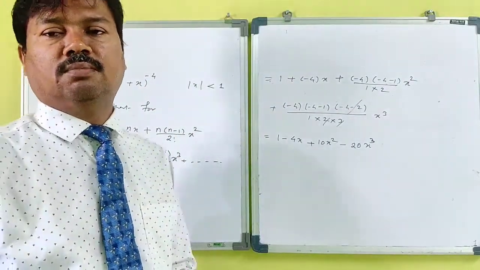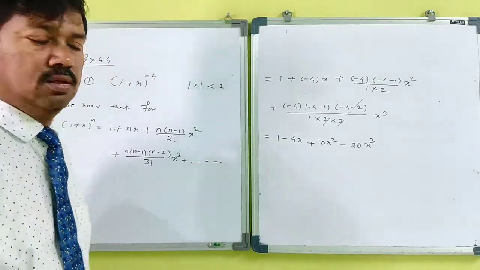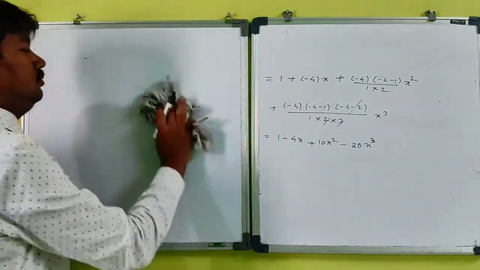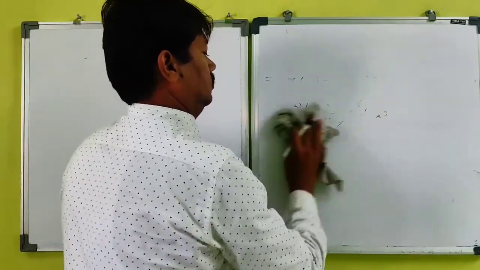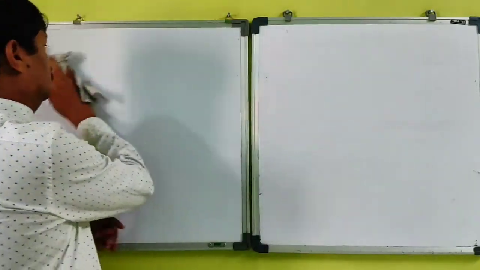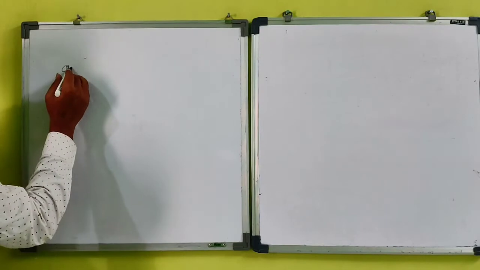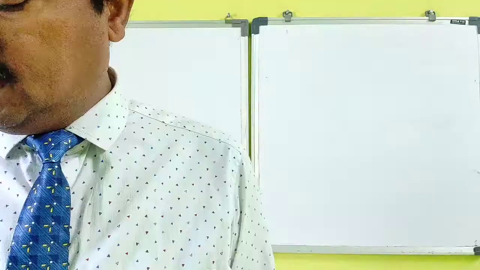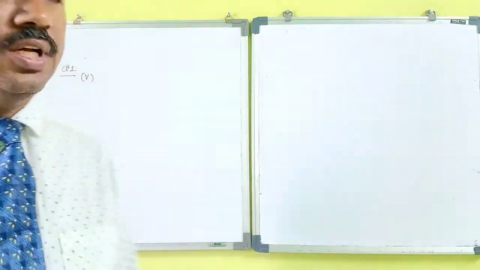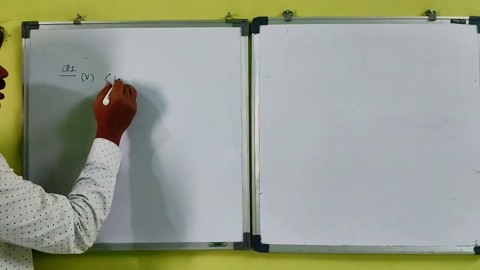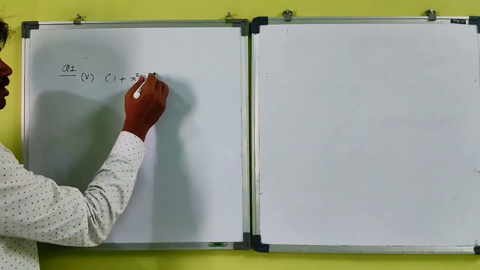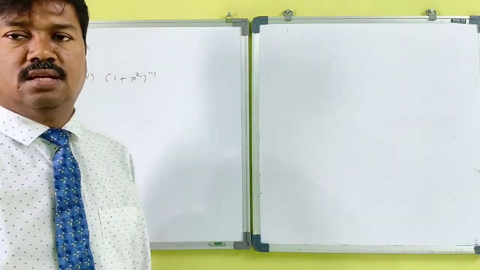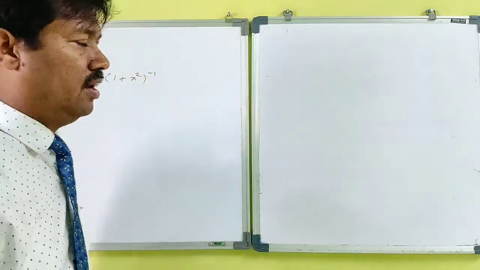Similarly, one more question, the fifth question of question 1. You have to again write the first 4 terms of this expression, where mod of x is less than 1. Again, it is given the same way.